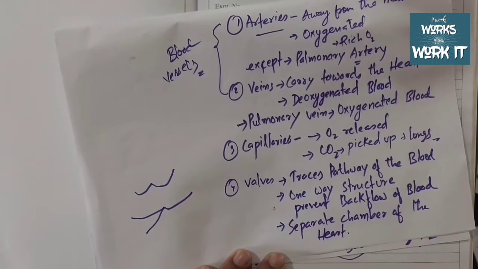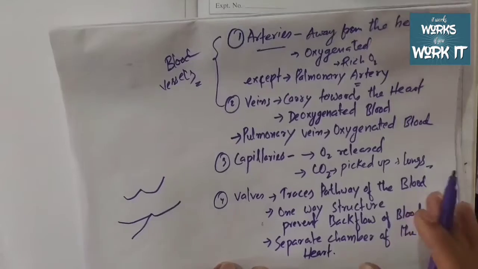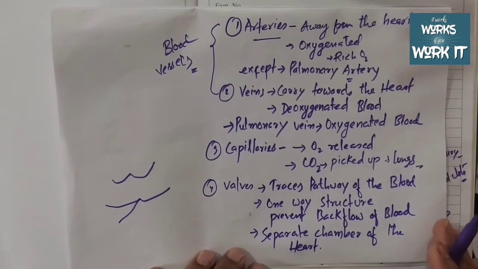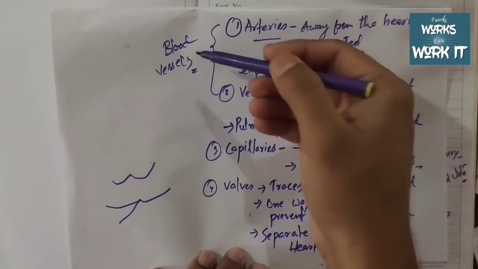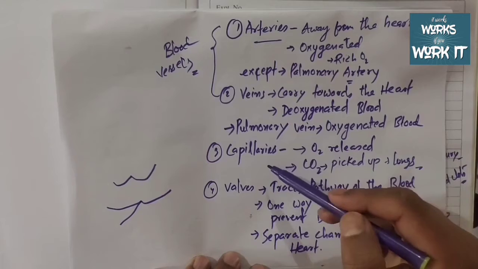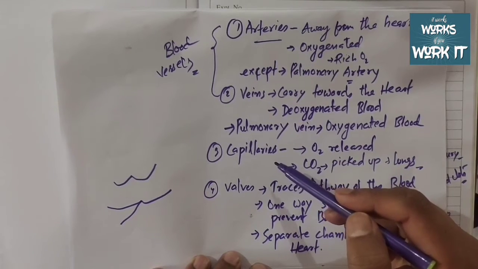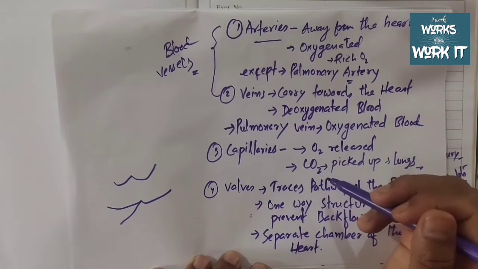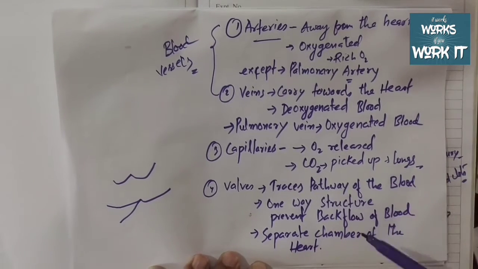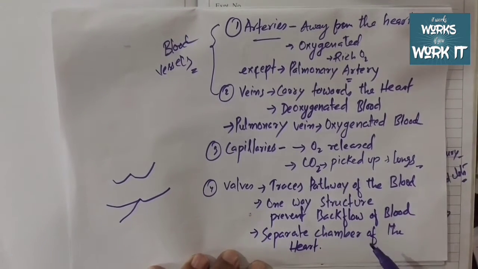So these are the basic terms that we should know before starting our blood pathway. Okay, these two were the blood vessels where the blood is carried, and then after we should know the capillaries where oxygen is released and carbon dioxide is picked up in the blood, and then after the valves that trace the pathway of the blood.